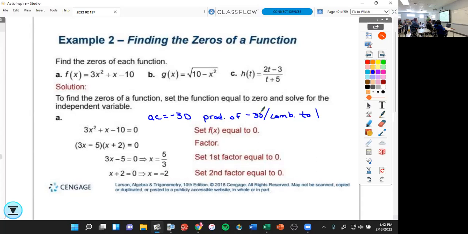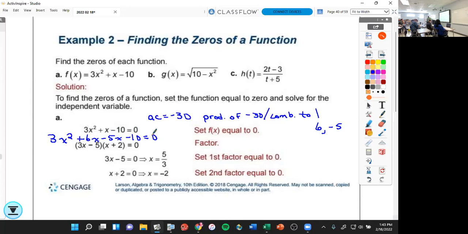Multiply two numbers together to get -30, but add those two numbers and get 1. 6 and -5. 6 times -5 is -30. 6 plus -5 is 1, right? So if we were doing this by grouping, I would write this as 3x squared plus 6x minus 5x minus 10 equals 0.